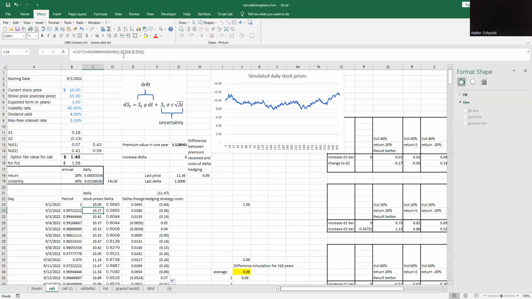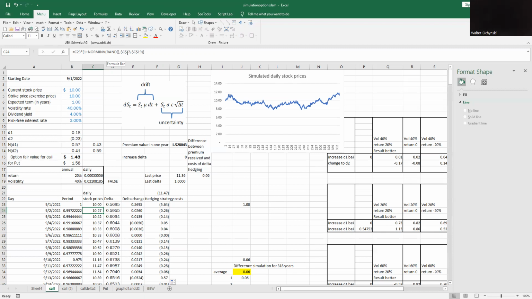We use the norm inverse function in Excel to calculate our probability. We use the random variable, which is calculated automatically by Excel as any possible value between 0 and 1.